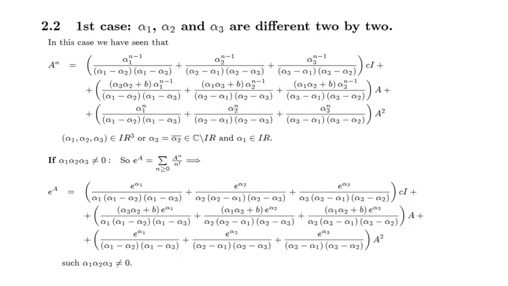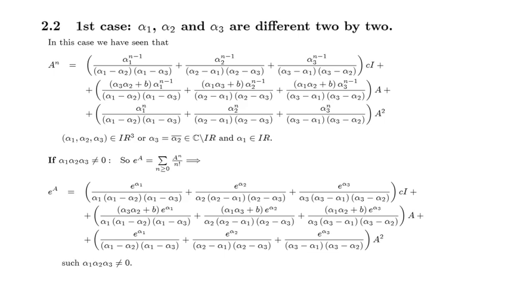First case, if alpha 1, alpha 2 and alpha 3 are different two by two, in this case we have seen that the n power of A is like that. So to calculate the exponential, we always have this formula. So we calculate. There are two cases.